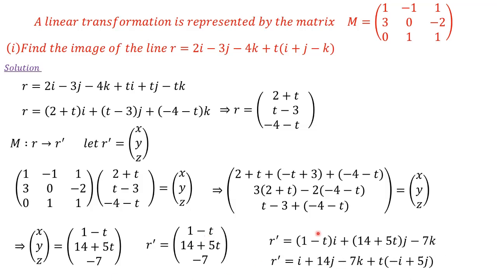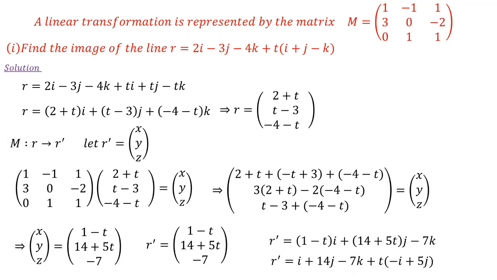Very important, because the line was given to us in vector form, so we must bring this image back into its vector form. We then get the required image of the line r.